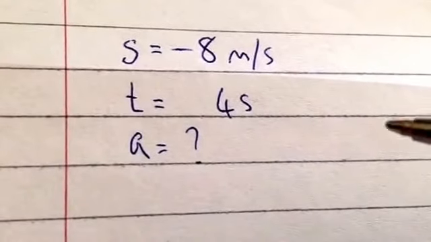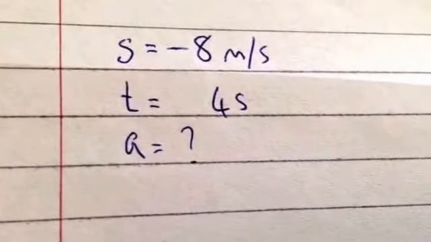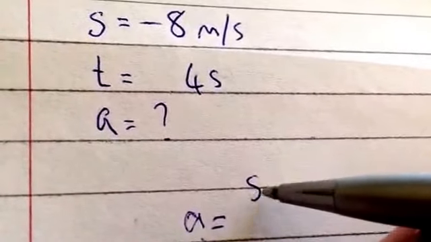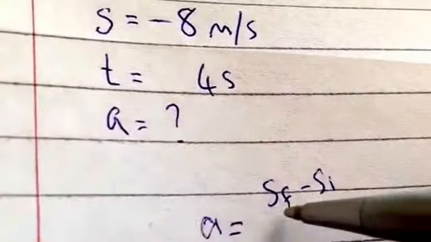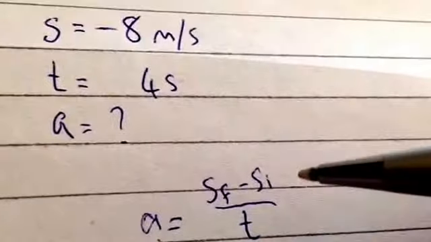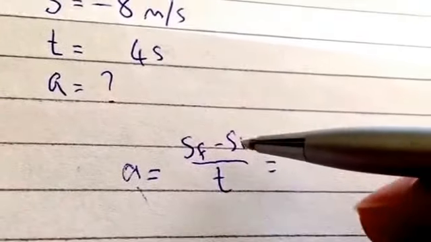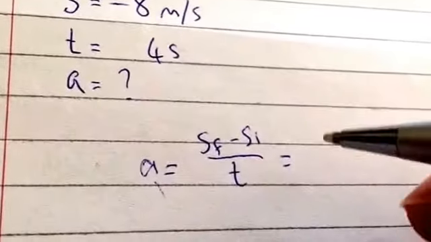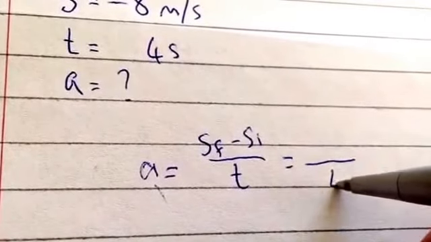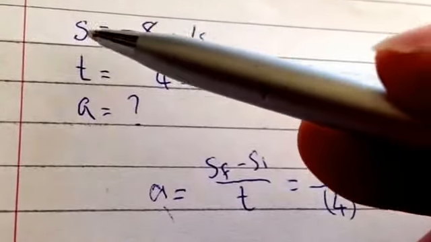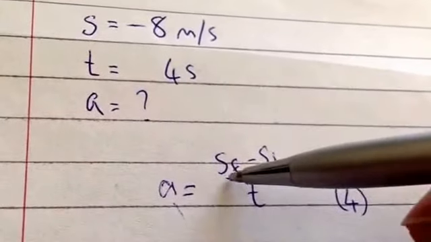So, our formula, if we remember from before, A equals SF minus SI divided by T. So, A equals speed final minus speed initial divided by time. Now we can put in the numbers. We have speed and time. So we know the time is definitely 4 seconds. But what about the speed? We need 2 and we've only got 1, and we don't know which one this is. Is it final or initial?